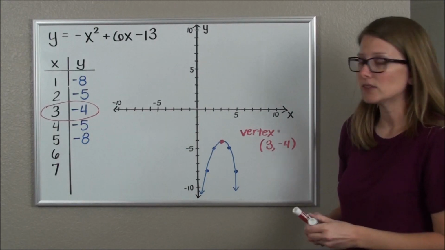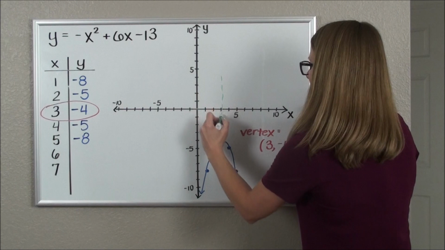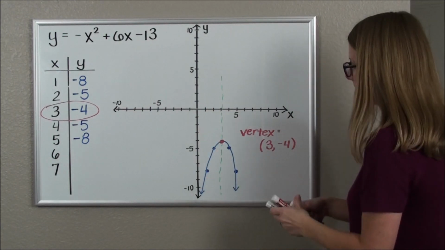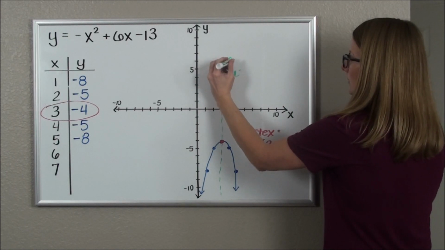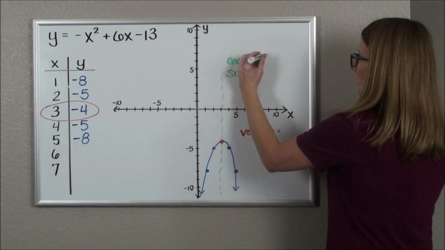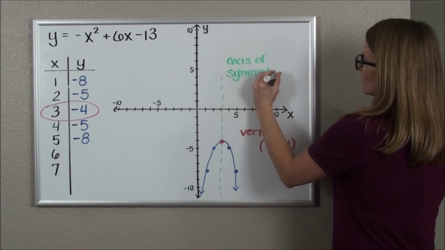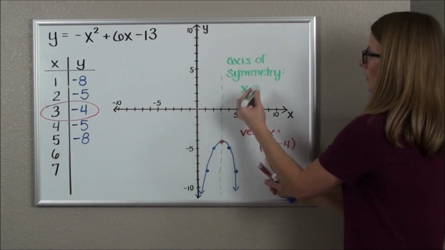And then your axis of symmetry is going to be that vertical line that cuts through the center of the parabola. It's always going to be written as an equation, x equals whatever the x value was from your vertex, so in this case, 3.